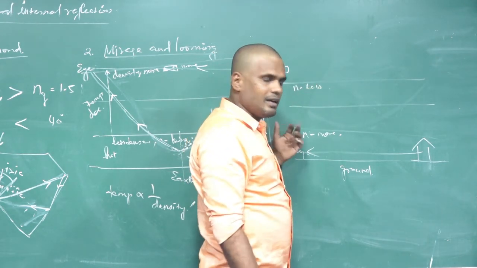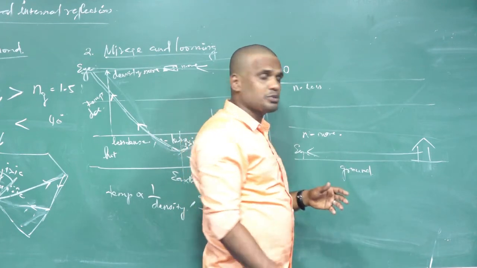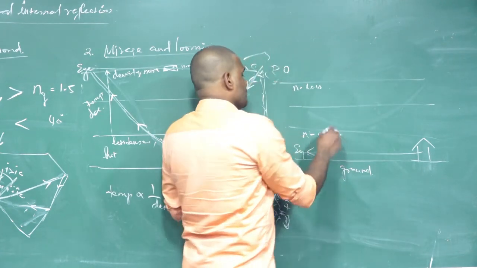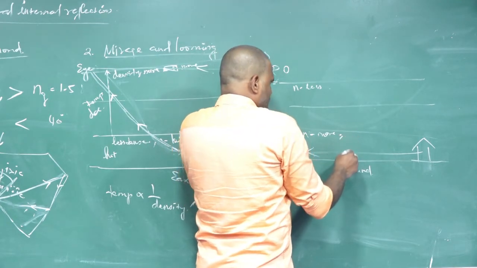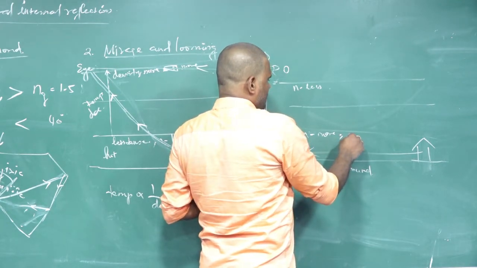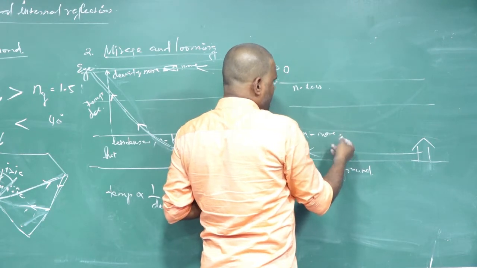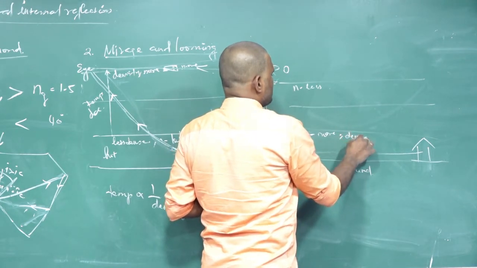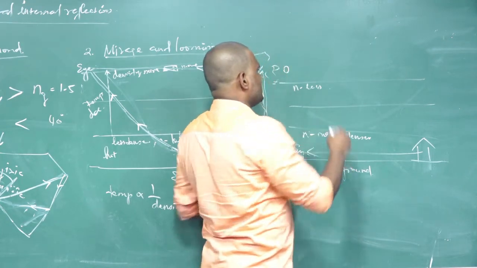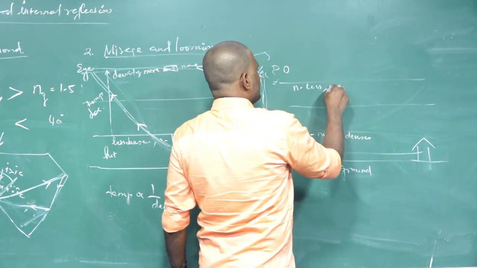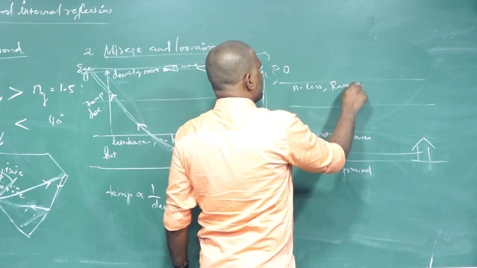As I mentioned earlier, refractive index and temperature are inversely proportional. If refractive index is more, then we can say the medium is denser. So the air layer which is close to the ground is denser. Air layer at higher altitudes is considered rarer.